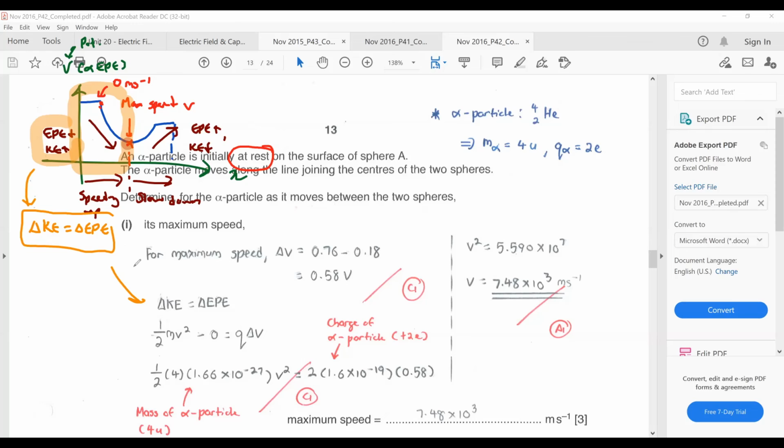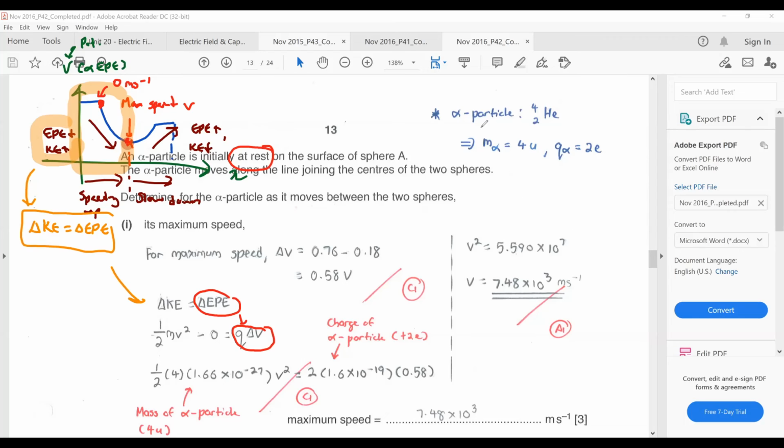And also I mentioned to you just now, change in EPE is equal to Q times change in potential. You already know the potential difference here. You know the potential here, you know the potential here. You can work out what is the potential difference. So you can find the change in EPE, right? So eventually you can get this.